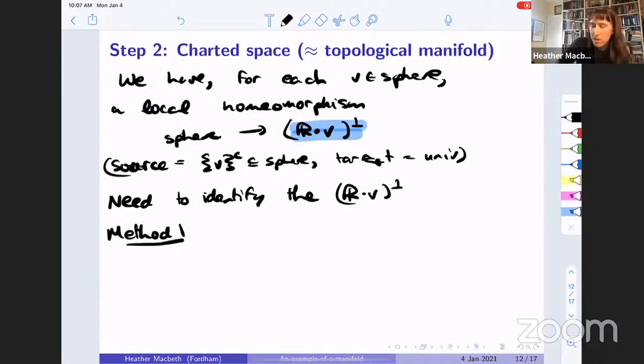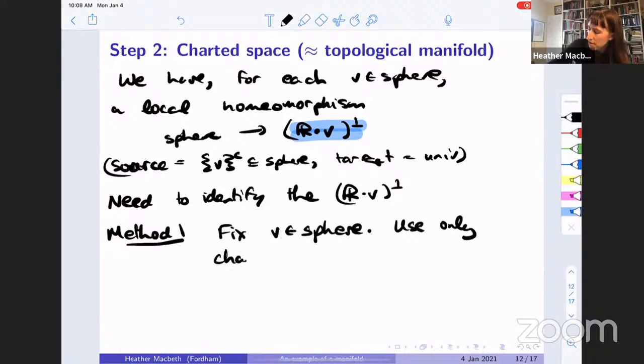The first way, which is the way that is done universally in the informal literature in every textbook you read, and is also the way that is done by Imler and John's method in their Isabelle code, is that you fix a point V in the sphere, which we traditionally call the North Pole, and you use only the charts, that is the stereographic projection, for V and minus V. So this is the traditional method.